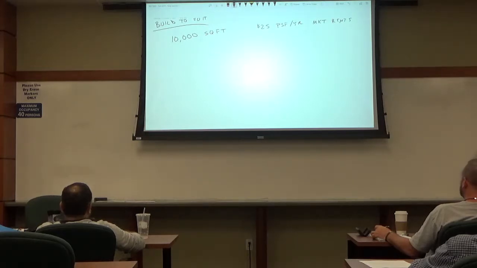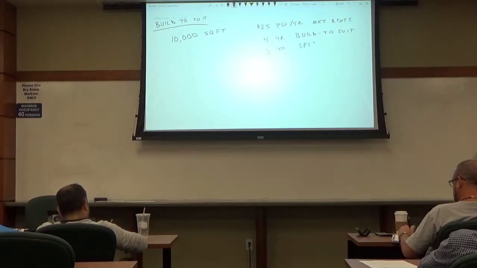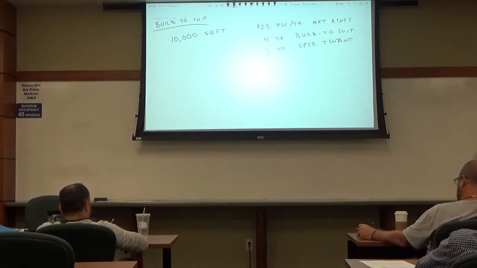Okay, so a 4-year lease for the build-to-suit and a 3-year lease for a spec tenant. Now, under those conditions, let's say what discount rate we want to apply. Let's say 5%.